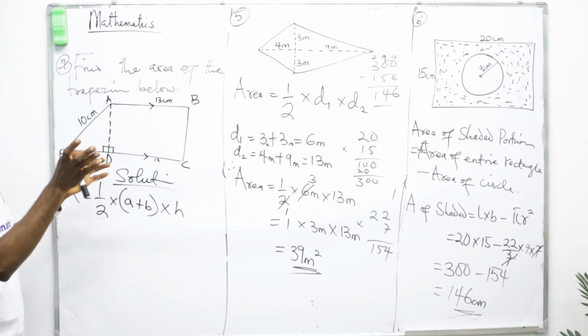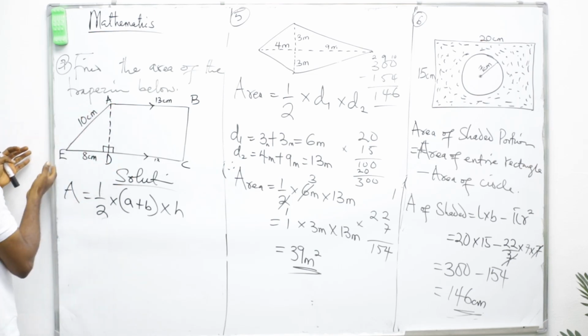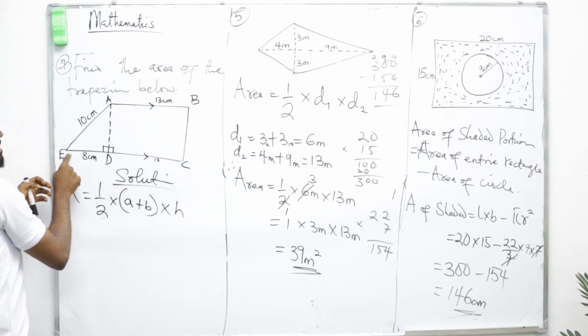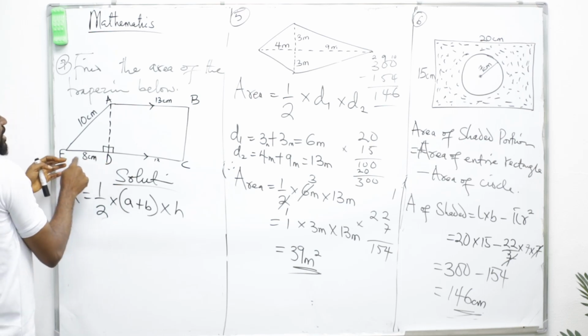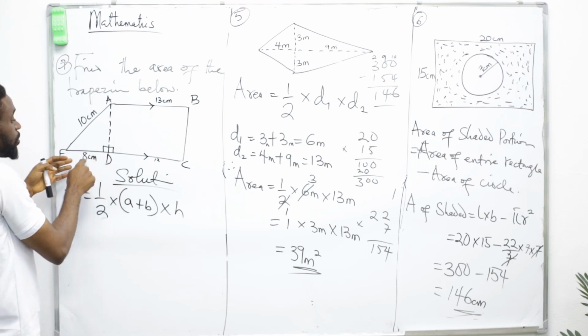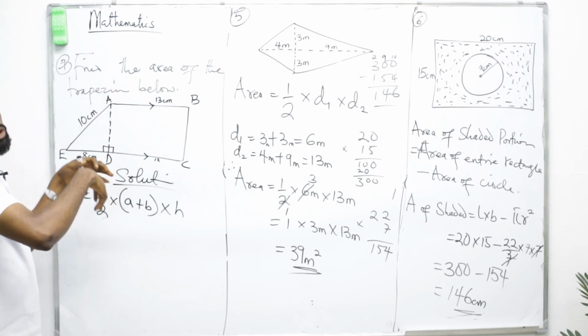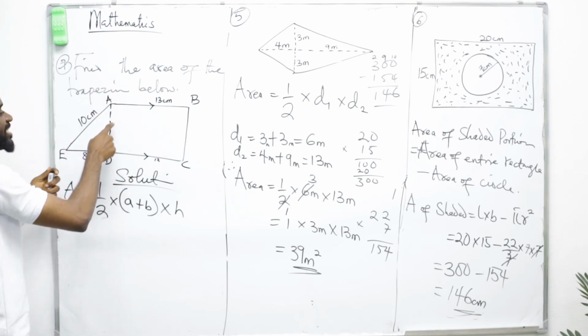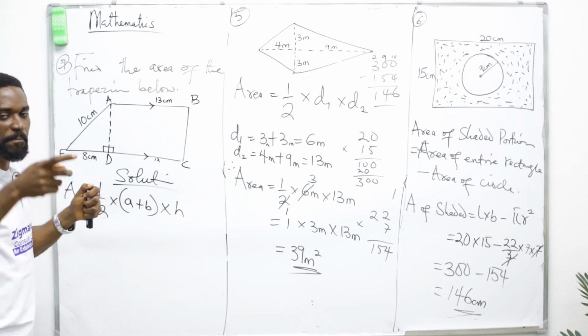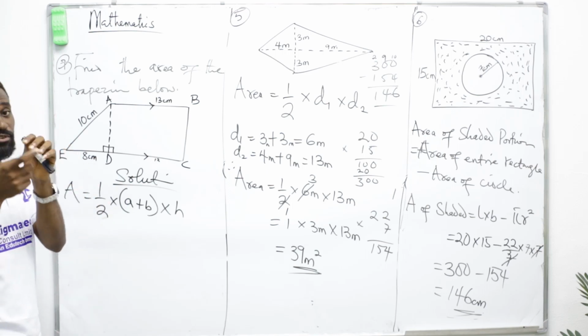We have the base, called the adjacent. Then we have this side, the opposite. Although the opposite is named depending on where the angle that is given to you is found.